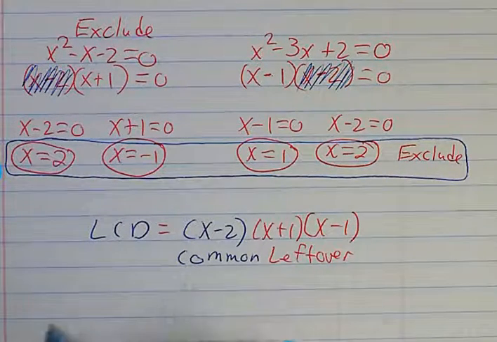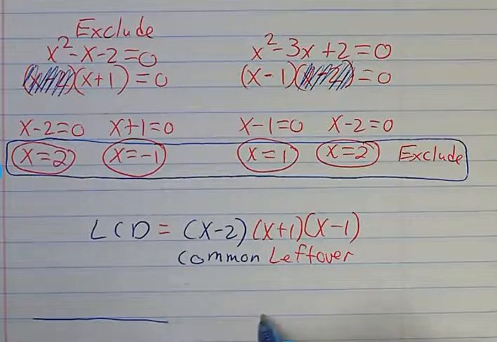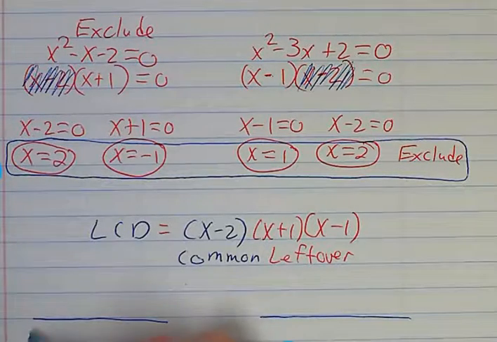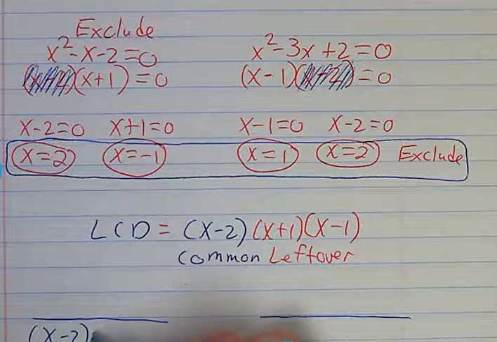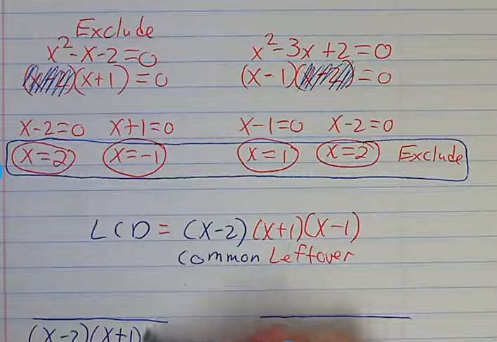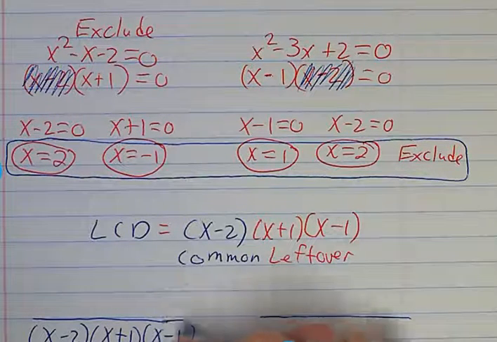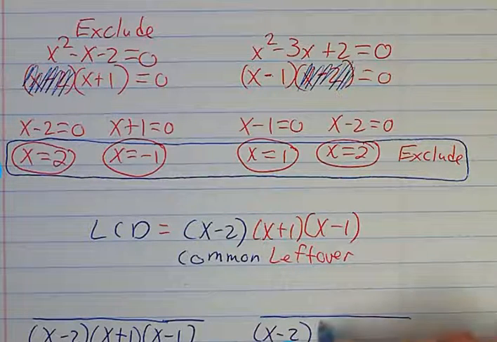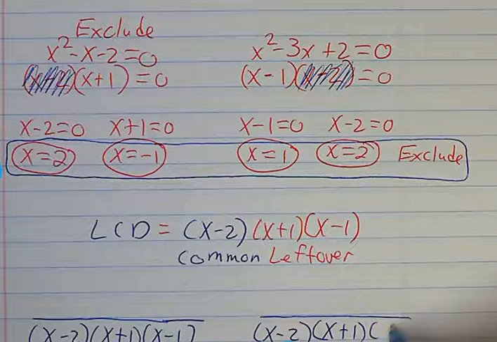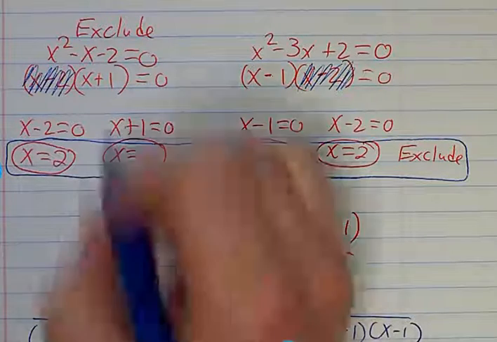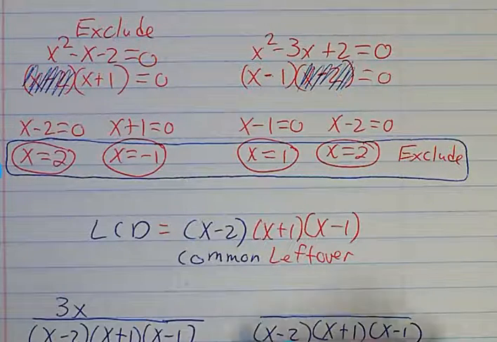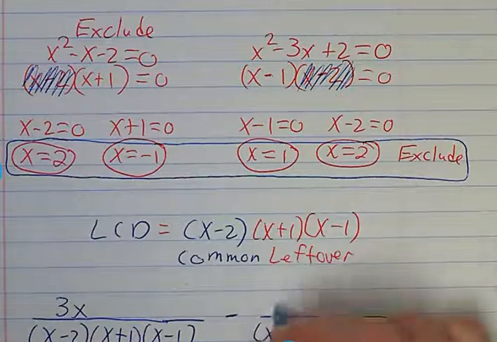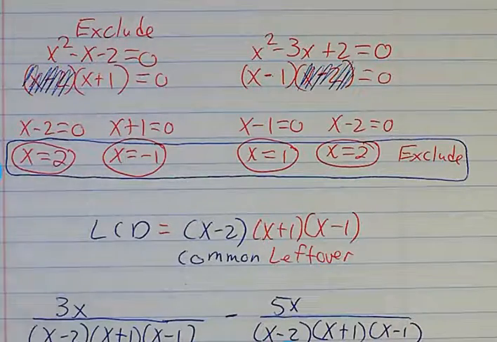Okay, so take both of the fractions and rewrite them both as x minus 2, x plus 1, and x minus 1. This originally was a 3x, that was a minus, and that was a 5x.